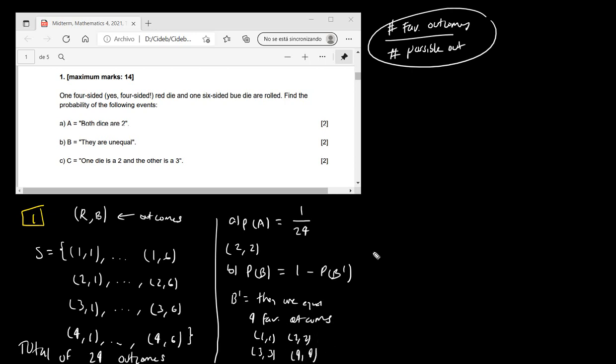So the probability of B prime is 4 over 24. Therefore, 1 minus 4 over 24 gives me 20 over 24. And that's the solution.